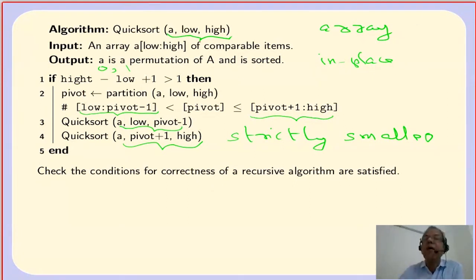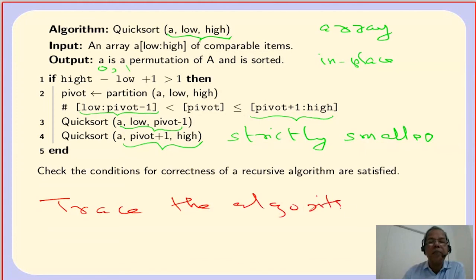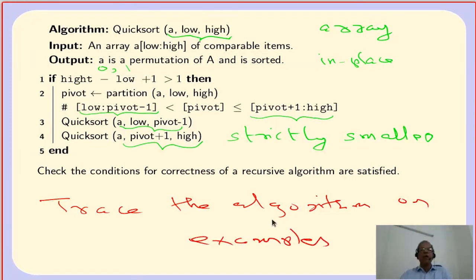Very important. To ensure your understanding, trace the algorithm on examples. This is one of the popular questions. I give you an example and ask you, trace how the algorithm works on this example. We stop here and tomorrow we will analyze the running time of the algorithm quicksort.